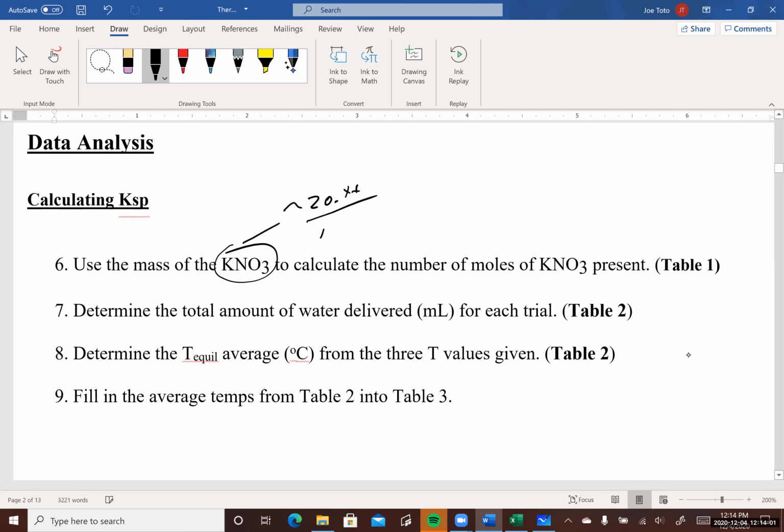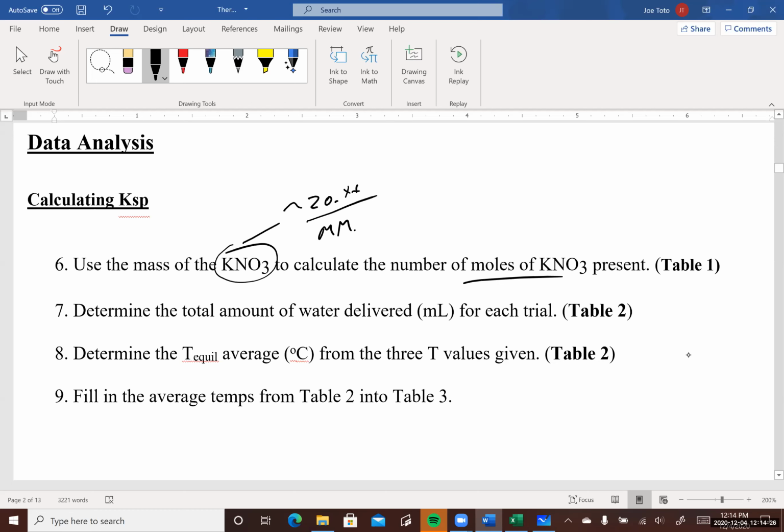You divide that by the molar mass, and that gives you the moles. Boom, done. Number 7, determine the total amount of water delivered. So that's from the burette readings, and you should know how that was done from reading the background on what was supposed to be conducted during the experiment.